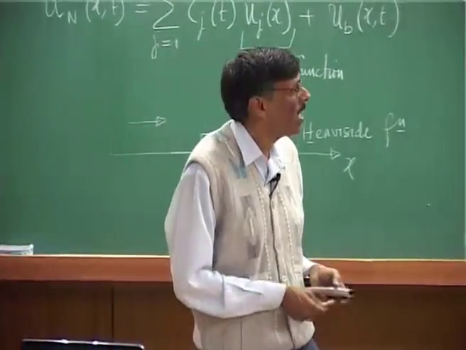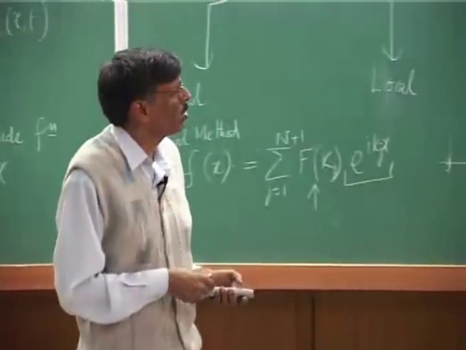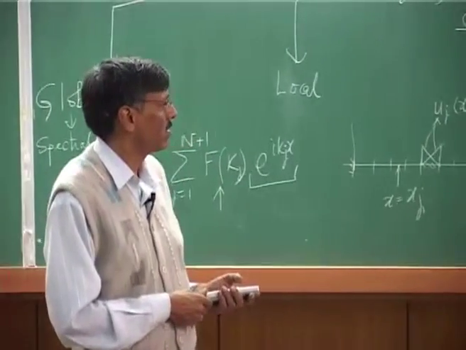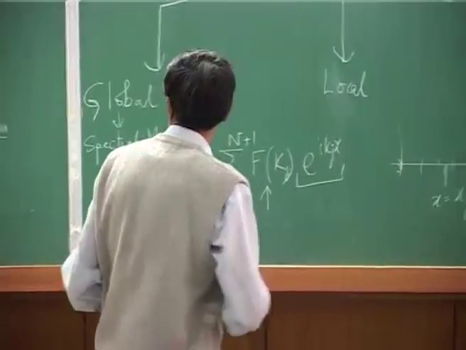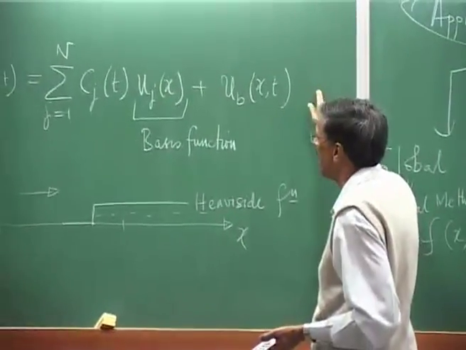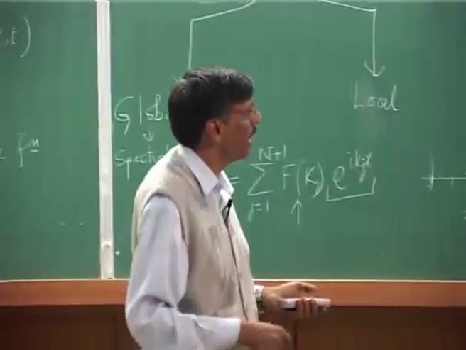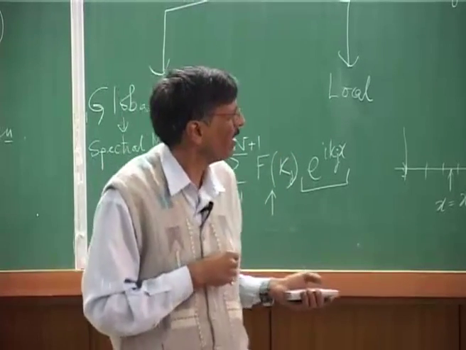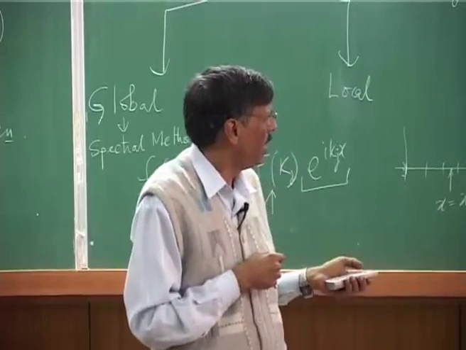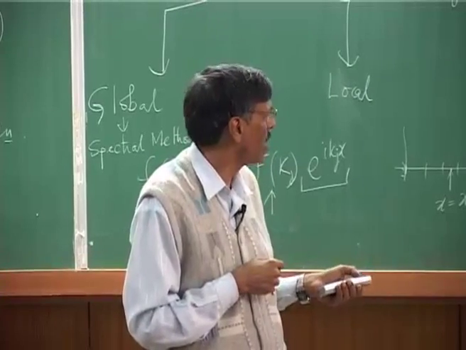Okay. Now, when we go to finite element approximation and discretization, we basically, as we said, take a trial solution of this kind, and then what we need to do is subdivide the domain into smaller elements.